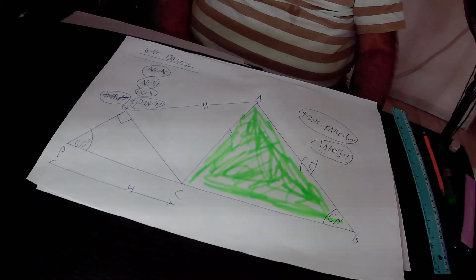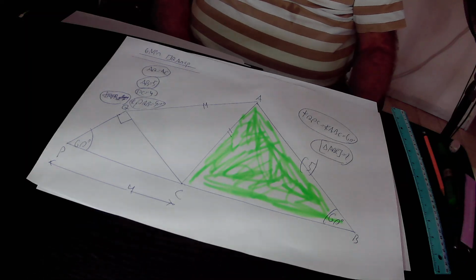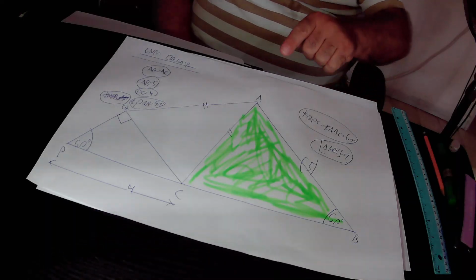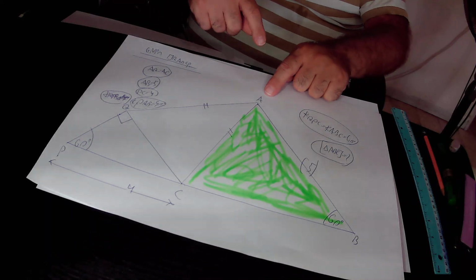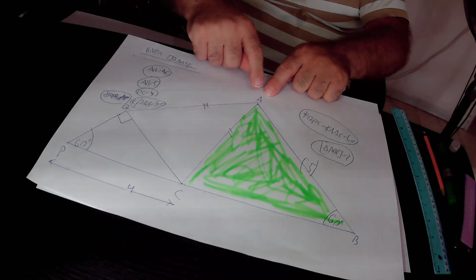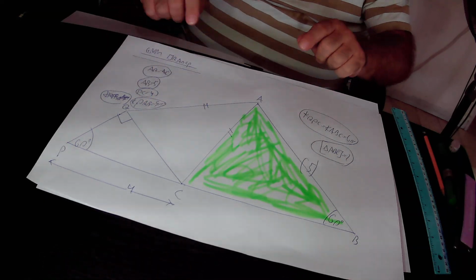Okay, so first of all, we will do a construction. That is to say, from this point A, we draw a perpendicular on QC.